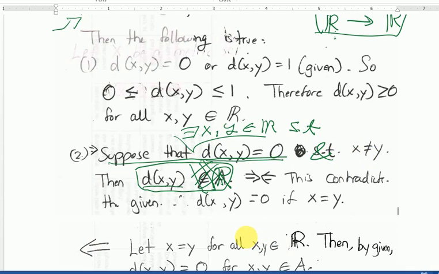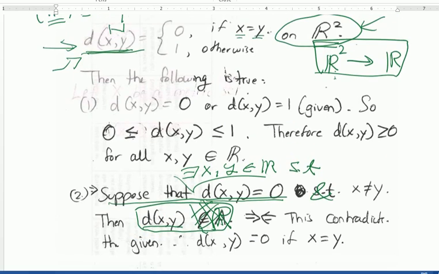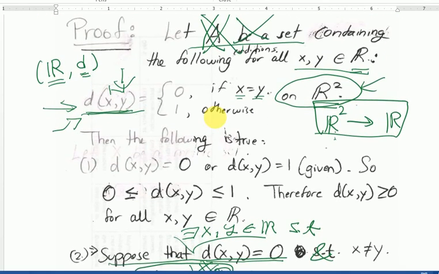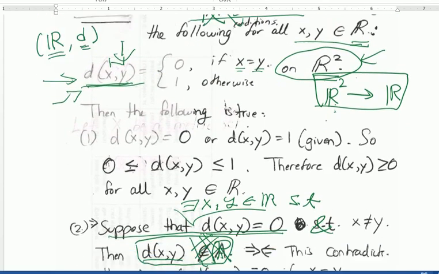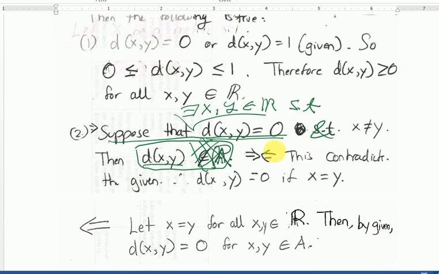Okay. Then that d(x, y) should be what? By the definition of d, if they are not the same, then it should be 1. So it's against that hypothesis, or the definition of d, right? It contradicts what? It's better to say, right? Therefore, d(x, y) should be 0 if x equals y.